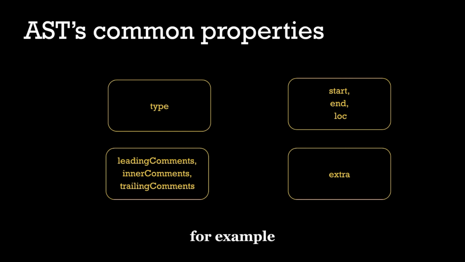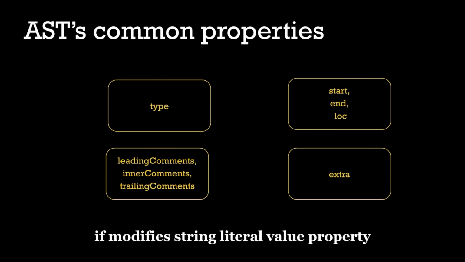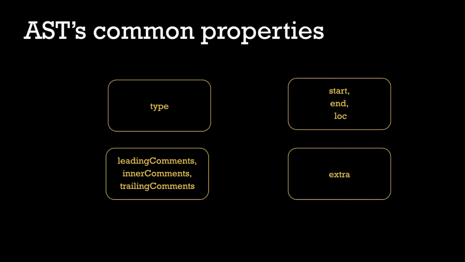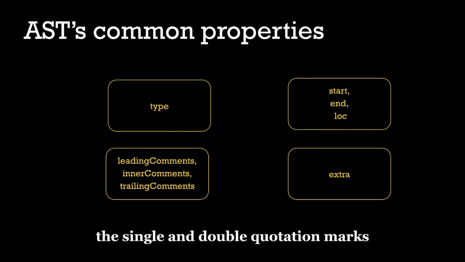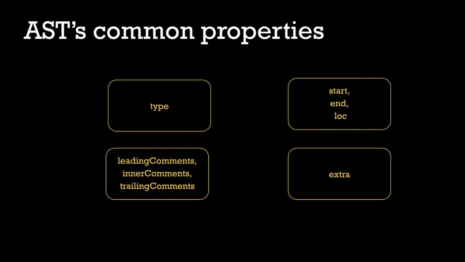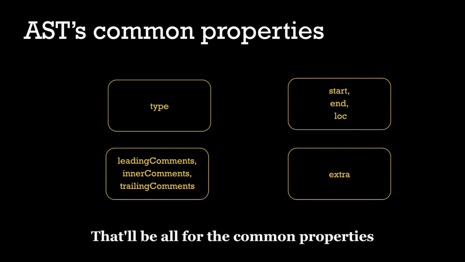For example, modifying the string literal's value property only modifies the value itself, while modifying the extra raw property can also modify the single and double quotation marks. Okay, so that will be all for the common properties.